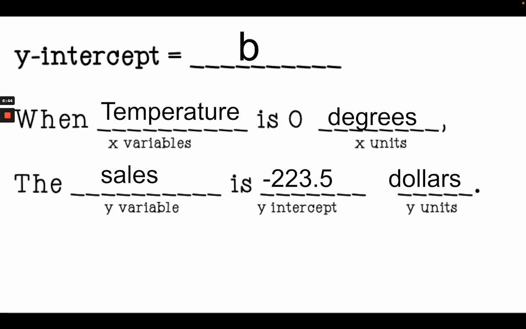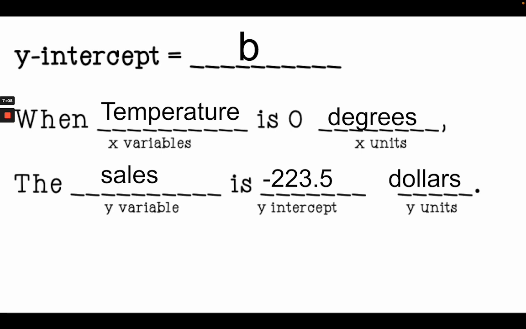$223.50. And if we think about that in the real world, if it's 0 degrees, that means it's snowing outside. Are we going to make any money in snow cone sales or selling shave ice? No. We'll probably lose money because any money that we use to buy supplies is just sitting there, and we're in debt.